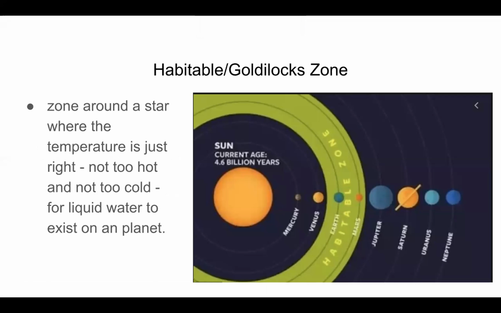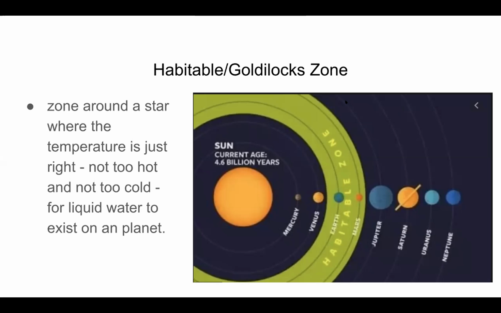It's a zone around a star, which is the sun, where the temperature is just right, not too hot and not too cold, like in the Goldilocks story, where one porridge is too hot, one's too cold, and one's just right. Happy medium. That zone is also called the habitable zone because it's where life can exist.